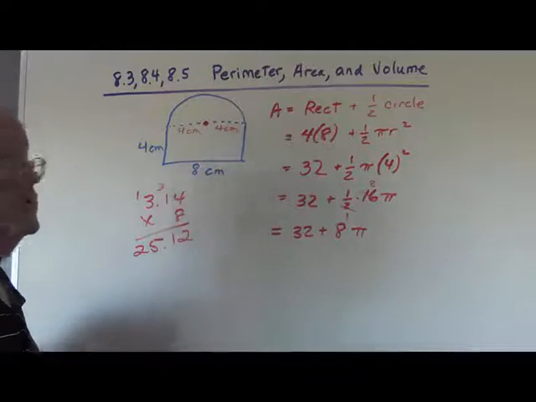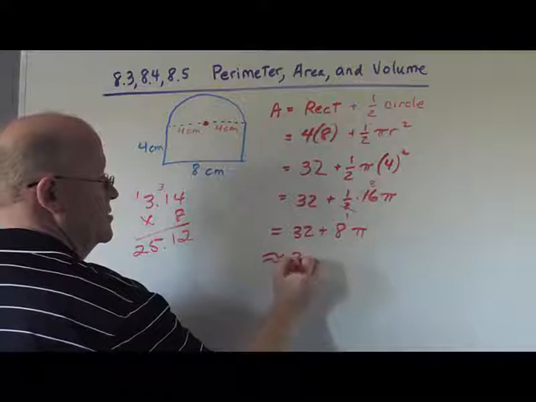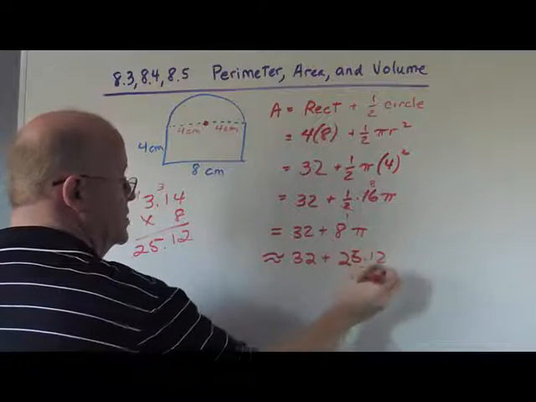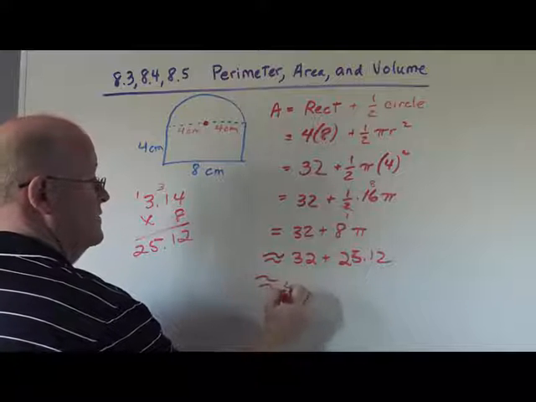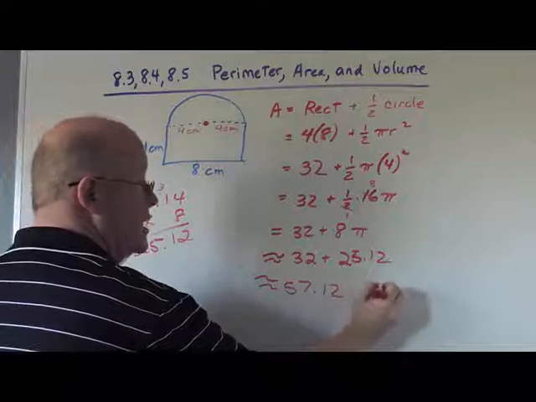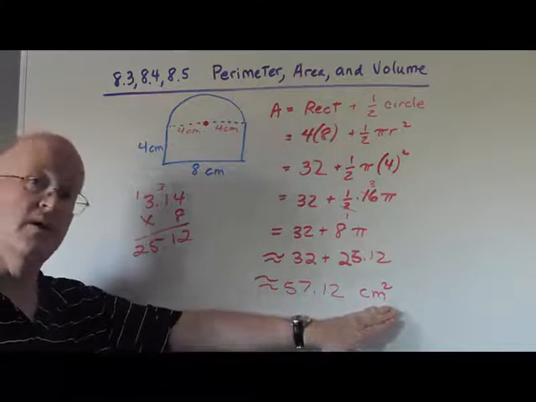So 25.12. So we've got approximately 32 plus 25.12, which is approximately 57.12 square centimeters, because area is measured in square units.